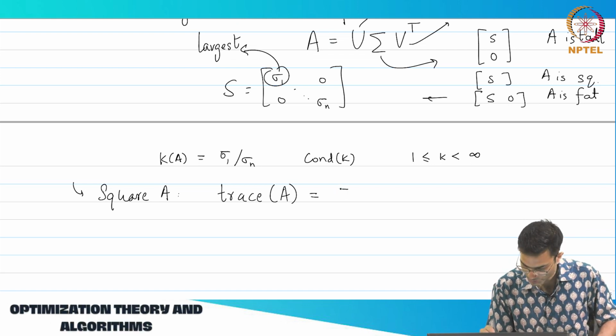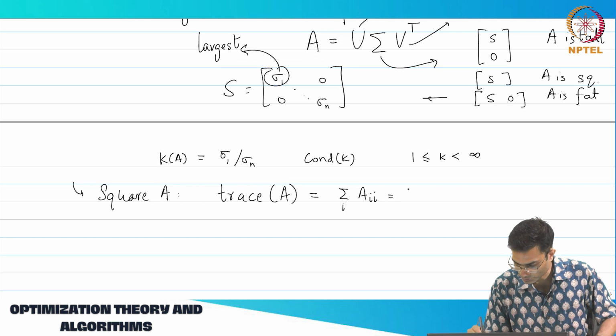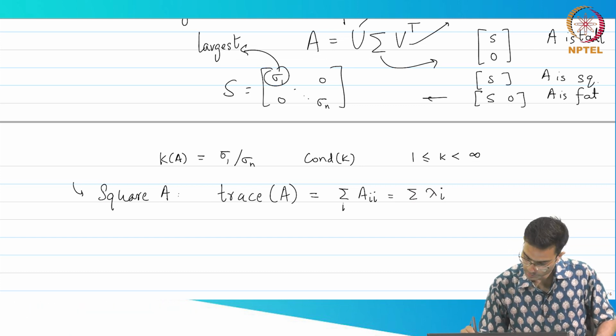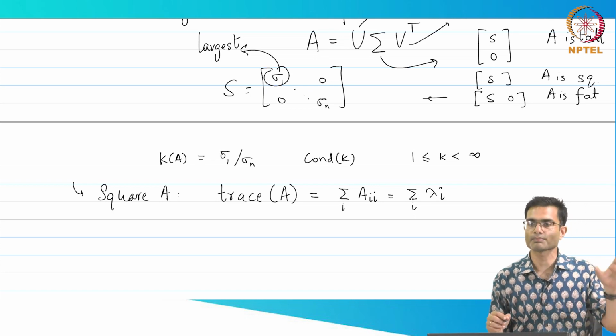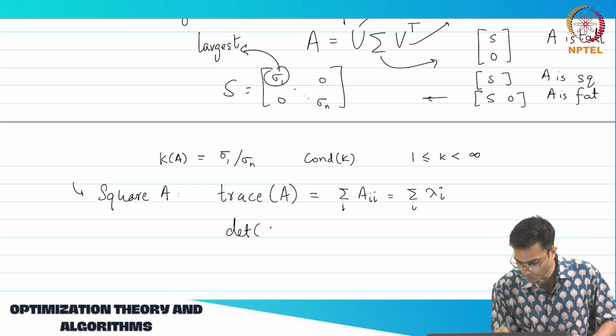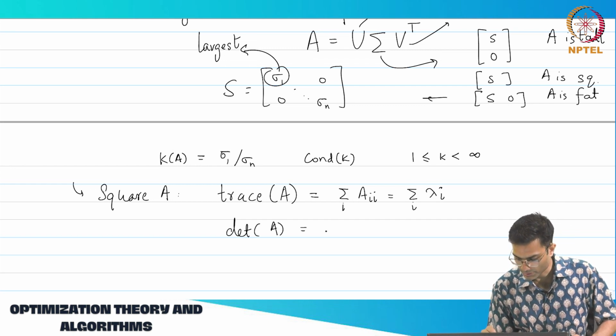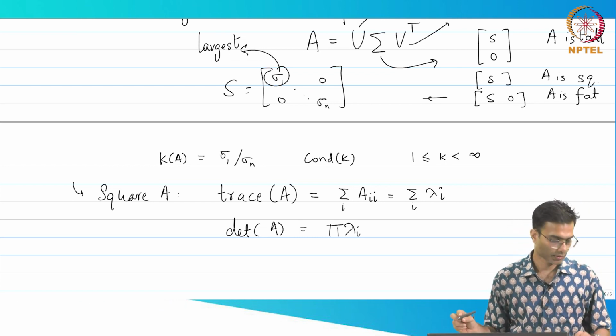So this is the summation of a_ii over i, which is also the same as the summation of lambda_i. Any other relation between some matrix property and eigenvalues? Determinant, right? So the determinant of A is the product of the eigenvalues.